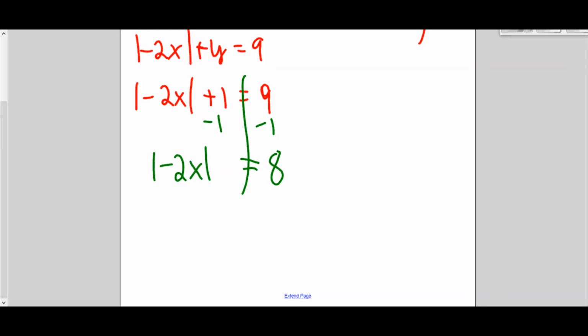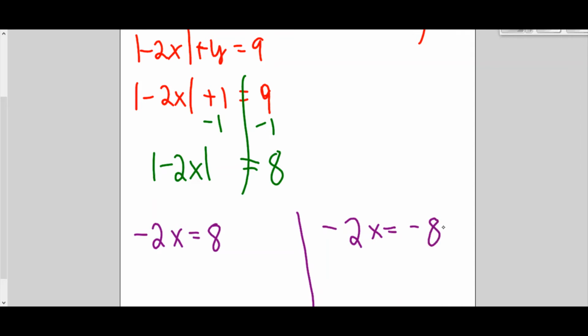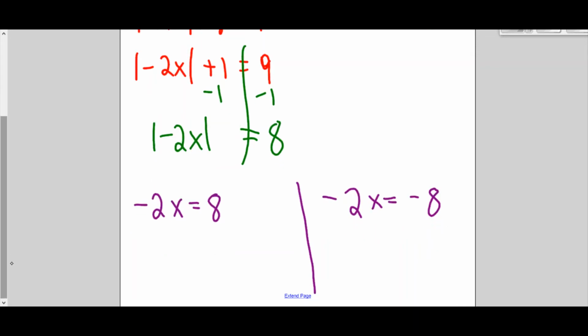The first problem is negative 2x equals 8, really just removing the absolute value sign. And the second problem is negative 2x equals negative 8. The difference here is we're just making the number negative. So these are my two equations, and I'm just going to solve each of these.